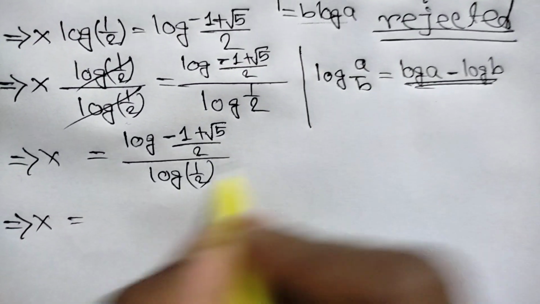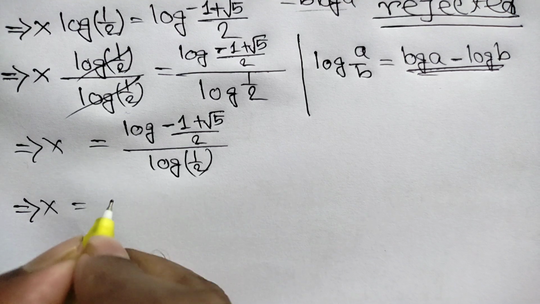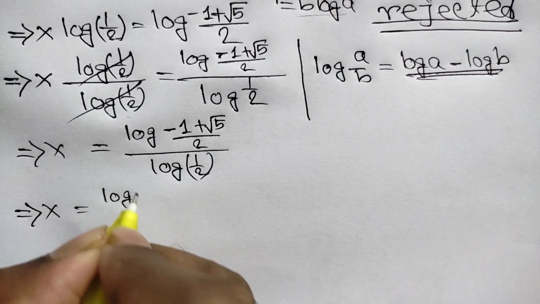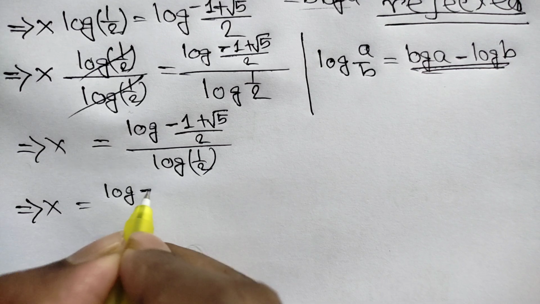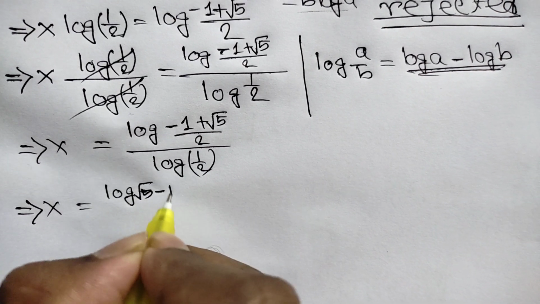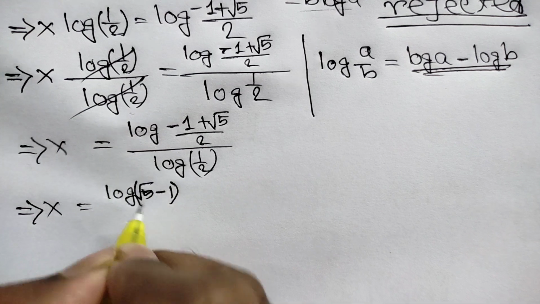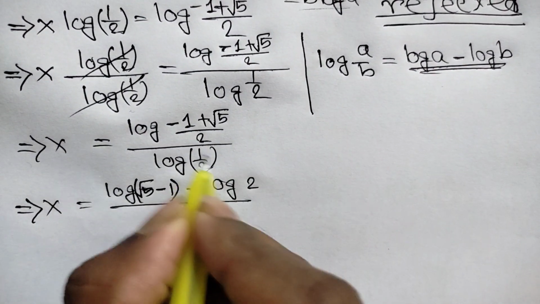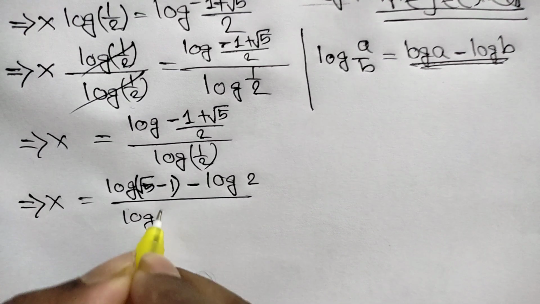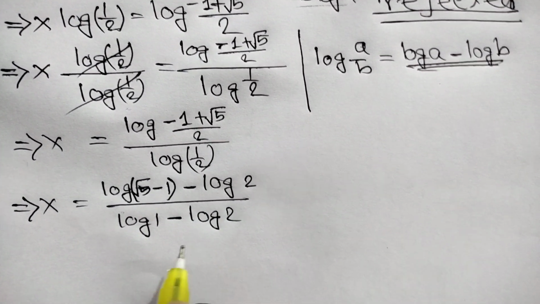Applying this formula, here we can write log, rearranging it, root 5 minus 1, minus log 2 over log 1 minus log 2.